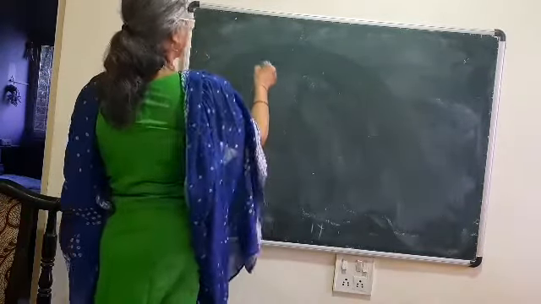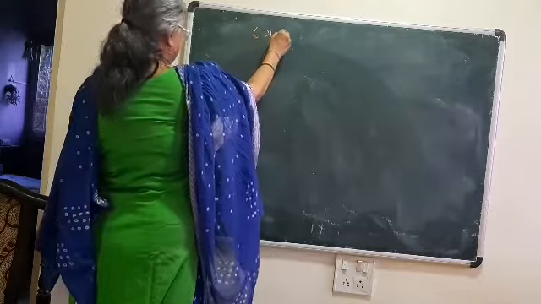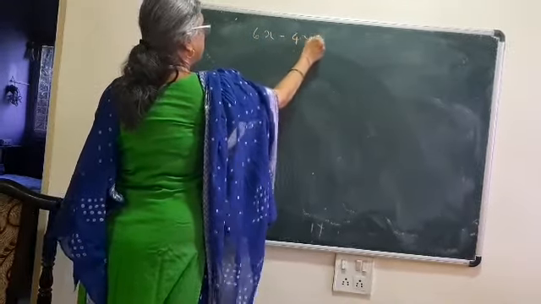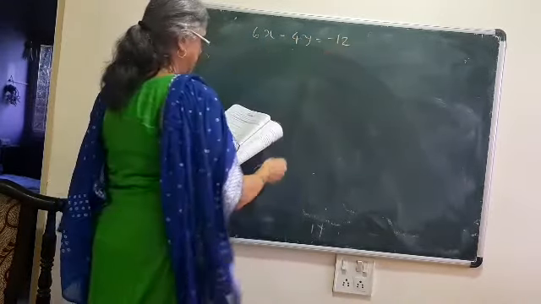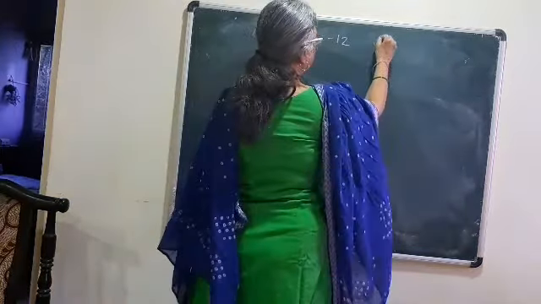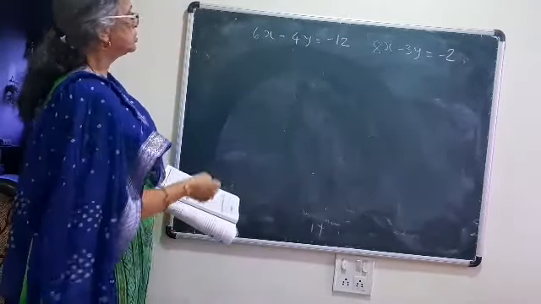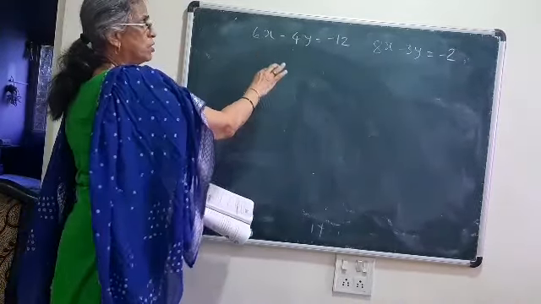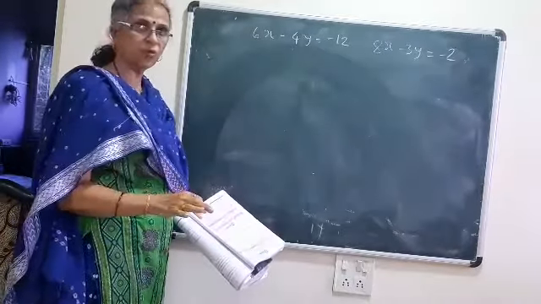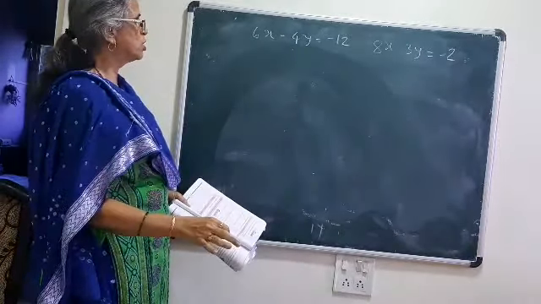Sum number 4: 6x minus 4y equal to minus 12, and the second equation, 8x minus 3y is equal to minus 2. So here already the equations are given in the standard form: x term, y term is equal to constant term.